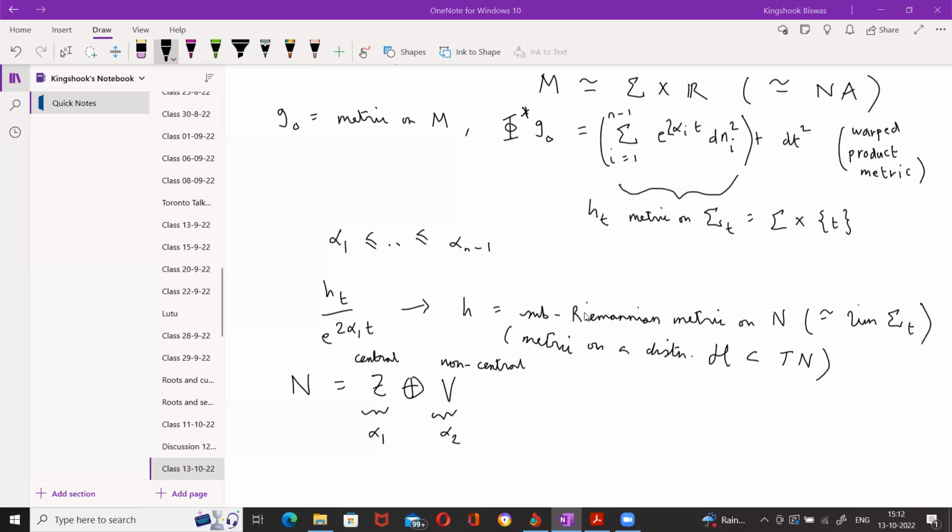For rank 1, that depends on the rank 1; there are different types of rank 1, like complex and quaternion. Since the important part is Heisenberg, the non-central part is of even dimension. That's all I think we can say.